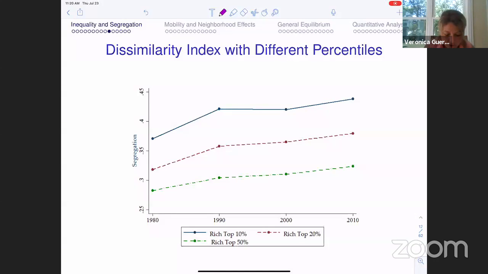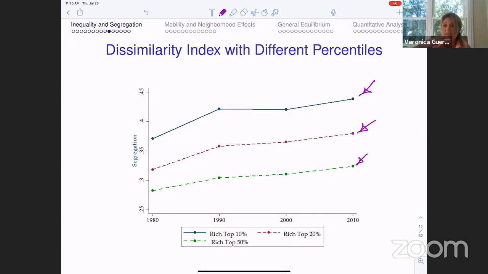This figure shows the dissimilarity index for the US, again calculating the dissimilarity index at the metro area level and then aggregating at the national level, weighting by population. The red one uses the 80th percentile, the top 20 percent, as the rich. The blue one uses the top 10 percent of the population as the rich, and the green one uses the top 50 percent as the rich.